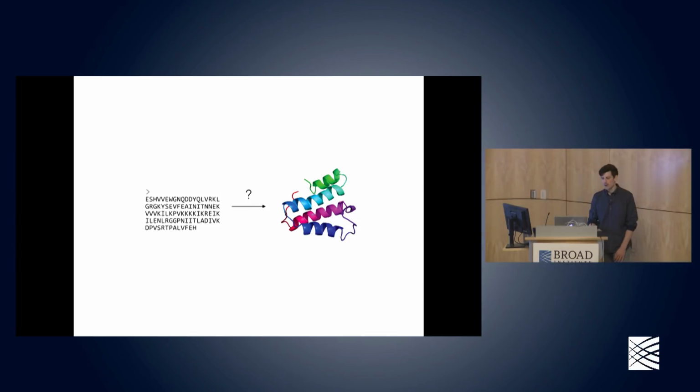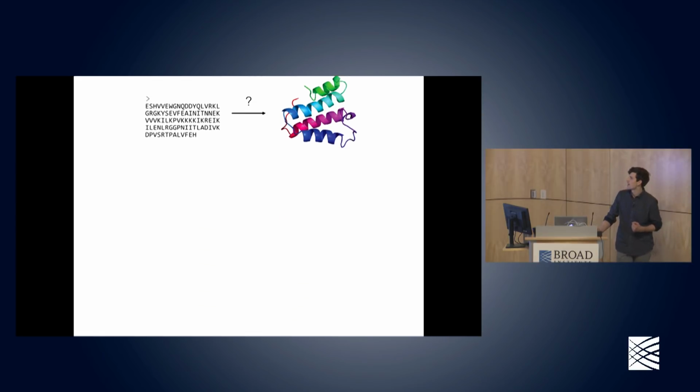Great, so without further ado, the protein folding problem. It's hard to overstate the importance of it. You all know that turning sequence information into structure information is important, but it's always good to be reminded. If we know how to turn protein sequences into 3D structures, we can do lots of useful things.